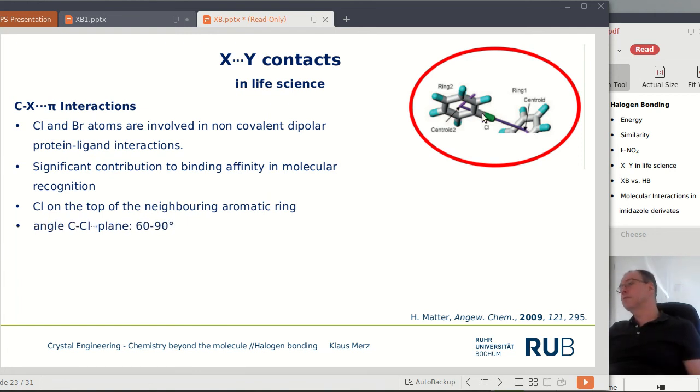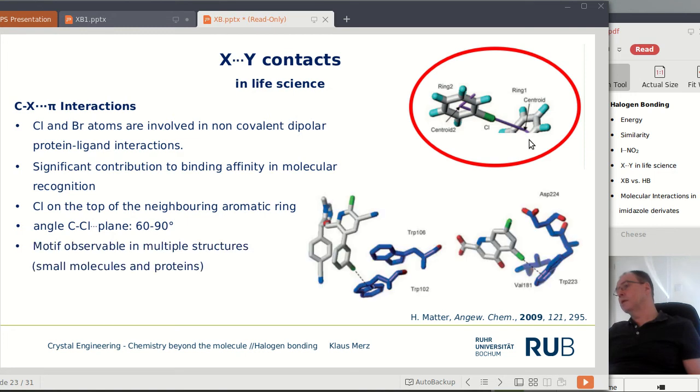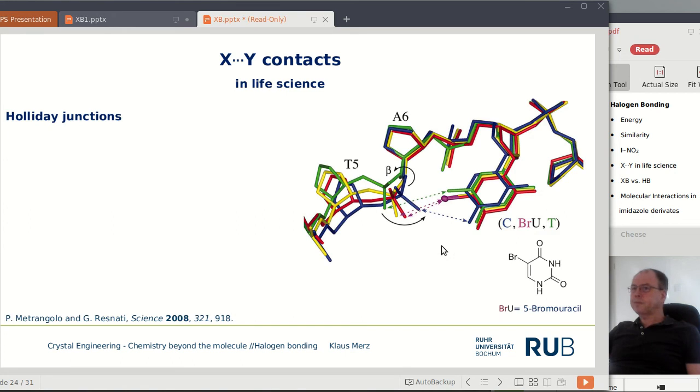Very often you see an angle of about 90 degrees. This is a very interesting contribution in Angewandte Chemie 2009, and this unit is seen very often in life science and such protein-ligand interactions.